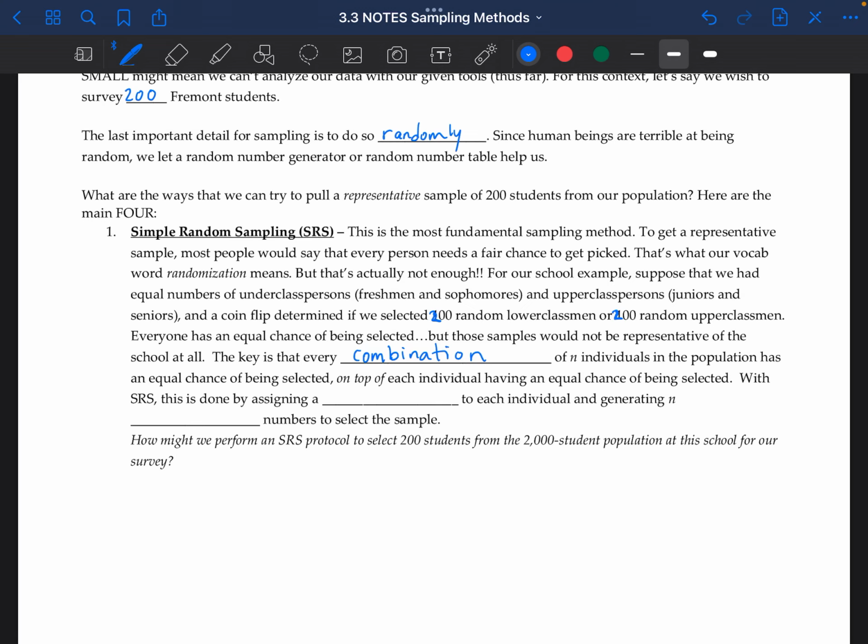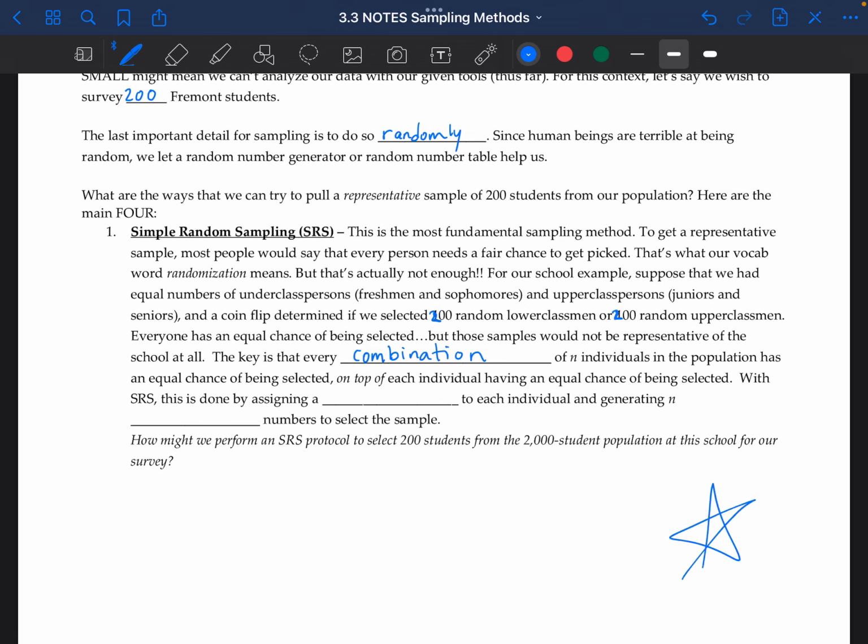So this means that the chance of you and the group you're hanging out with right now being selected within the sample is just as likely as you and 3 other people in this classroom being selected. But we'll all have an equal chance at being selected.